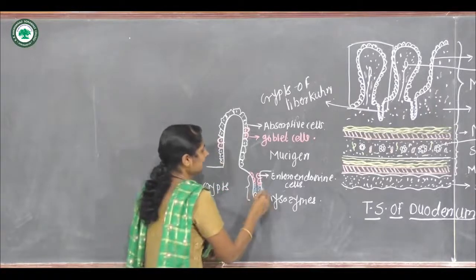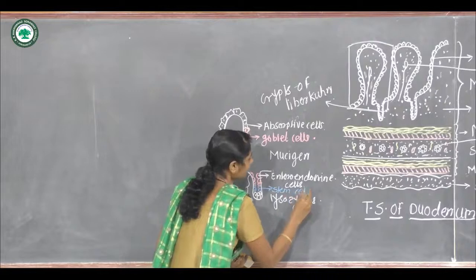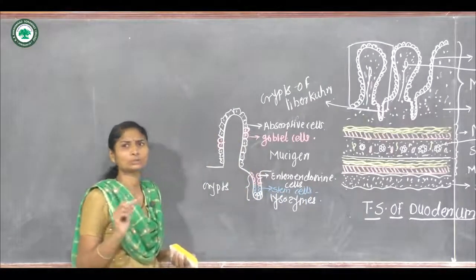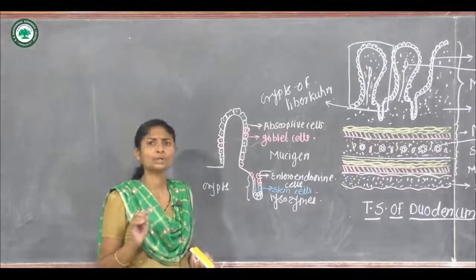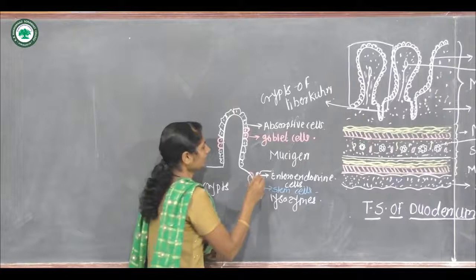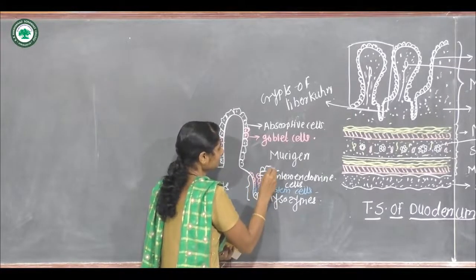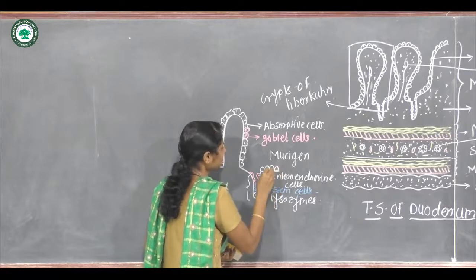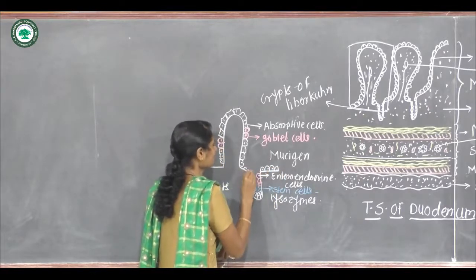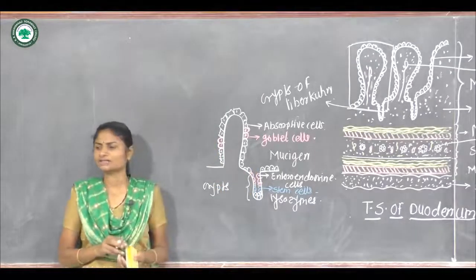Stem cells give rise to new epithelial cells, and these new epithelial cells are located in the epithelial region.